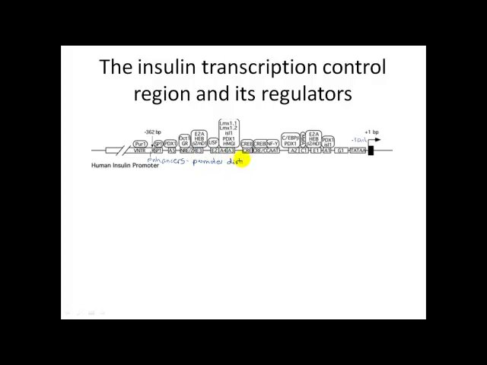So, not sitting right at the promoter and interacting with RNA polymerase, which would be bound somewhere right here, along with the general transcription factor complex, but some distance away. I mean, this regulatory sequence here, the VNTR, is over 300 nucleotides away from the promoter. Sometimes we can see regulatory sequences that can be thousands or tens of thousands of nucleotides away.